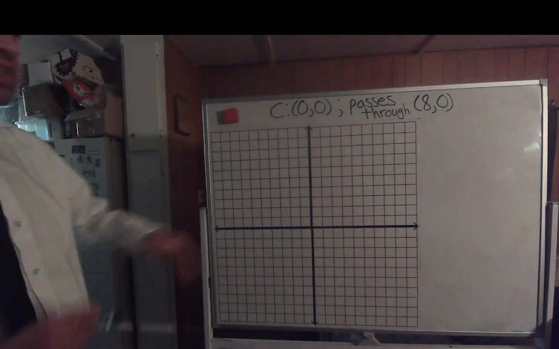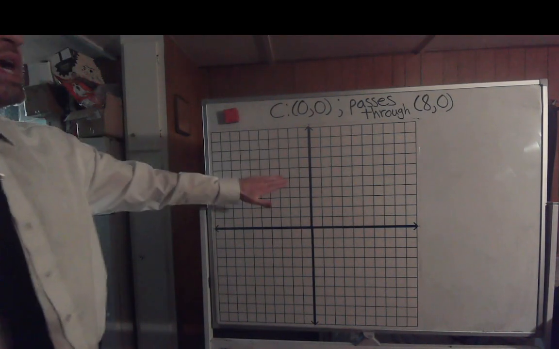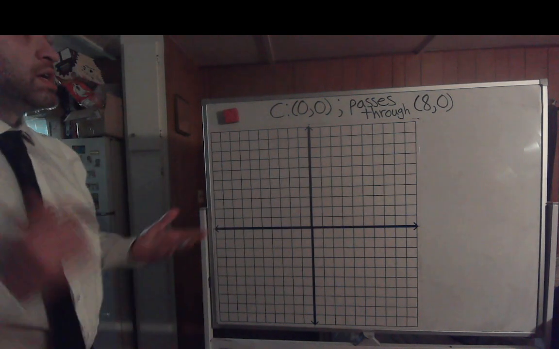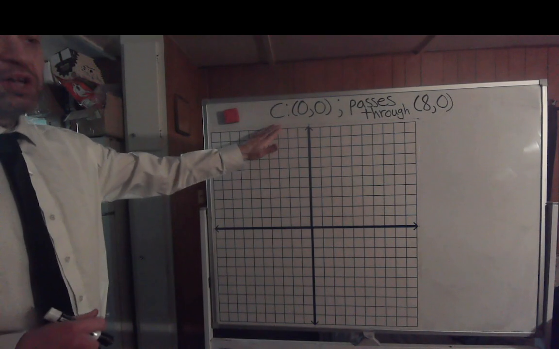Another relatively easy one. The center of this circle is at 0, 0, and it passes through the point 8, 0. We know the center, but we don't know the radius. To find the radius, you're going to have to use your distance formula.